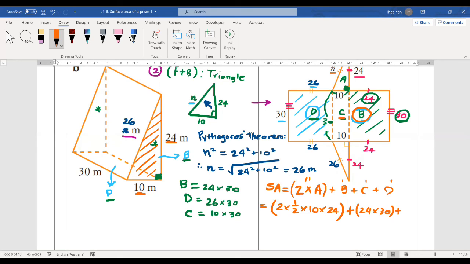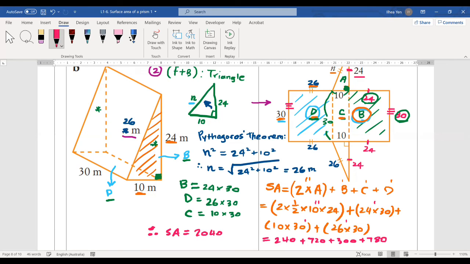And then C was 10 times 30. My D shape is 26 times 30. So my final answer equals 2,040 meters squared, or square meters.